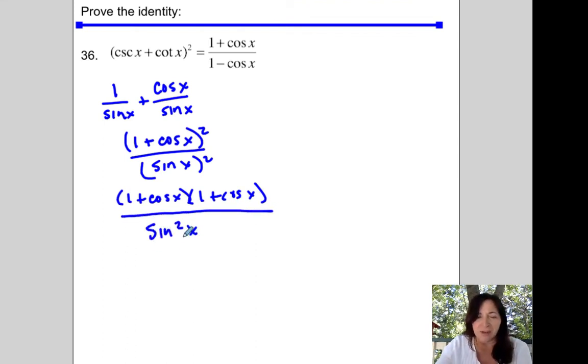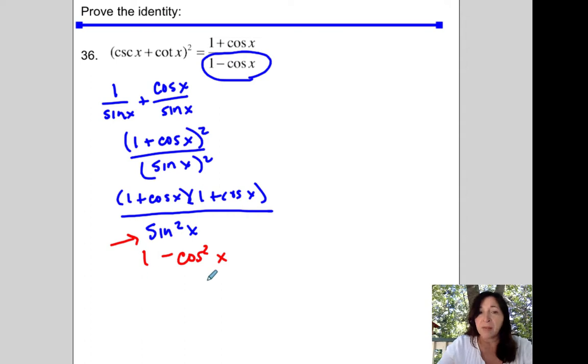The reason why I needed to do that was because I have this on the denominator, and the only way I'm going to get that sine squared into a cosine is to change it into one of my Pythagorean identities. So this sine squared is actually 1 minus cosine squared of x.